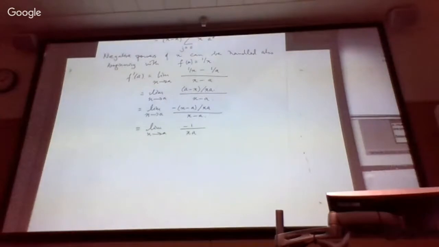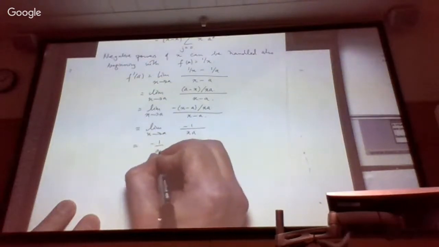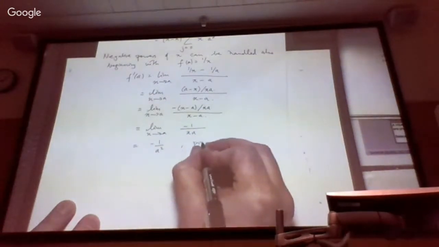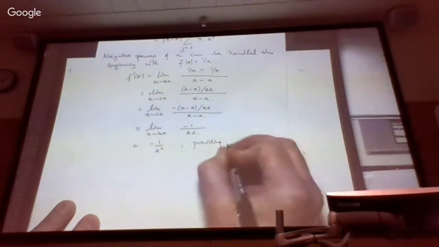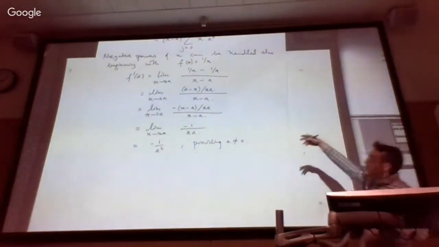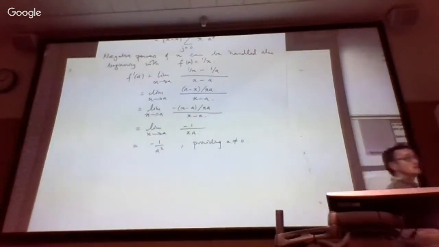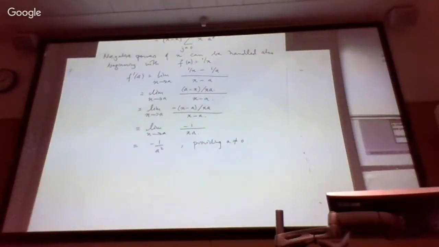It's not in the domain of the function. So assuming a is not 0, this does have a limit. It's minus 1 over a squared, providing that a is non-zero. Of course it will be, because 0 wouldn't have been a sensible argument to give to f anyway. The formula 1 over x isn't defined at 0.